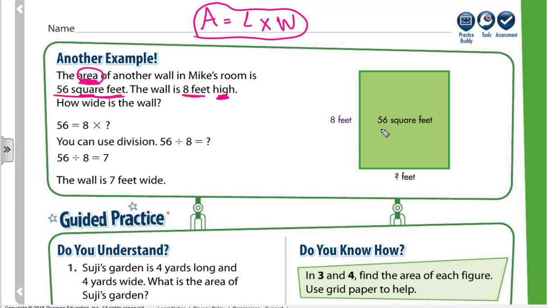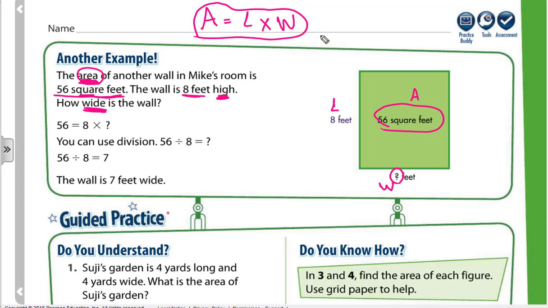As you can see in the picture, this is the area and this is the length, and we need to find the width. The width is how wide the wall is. We don't have the width, so we use a question mark for the width.